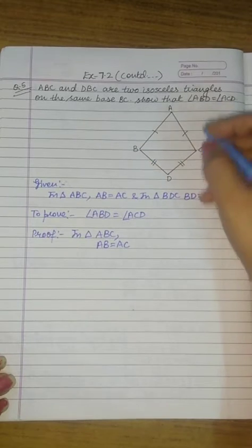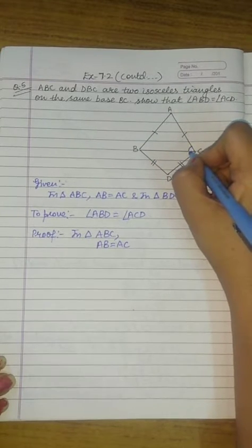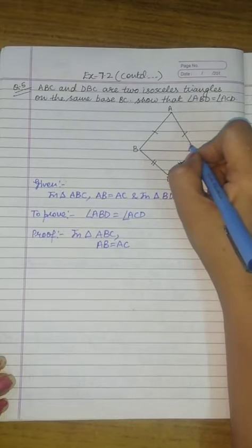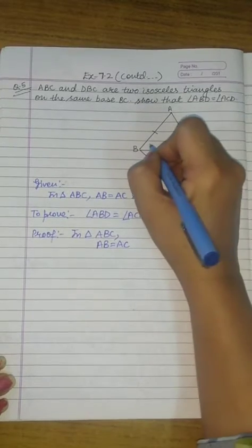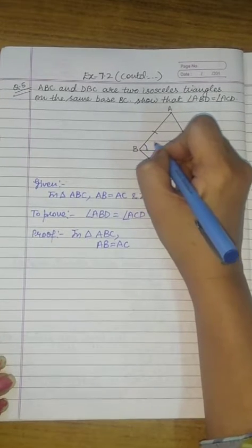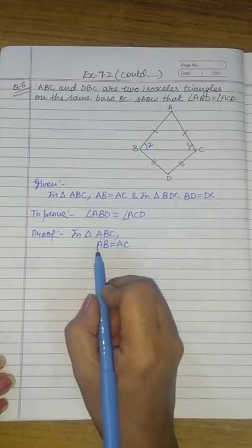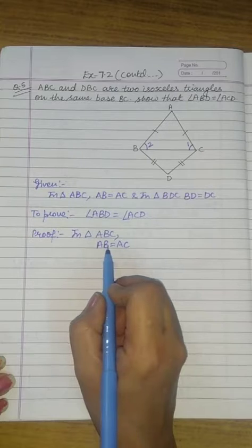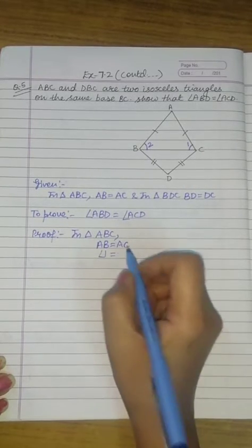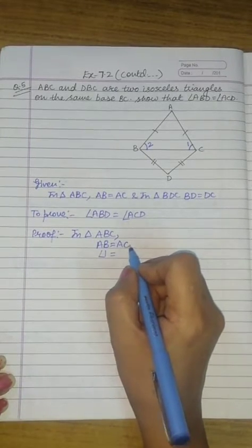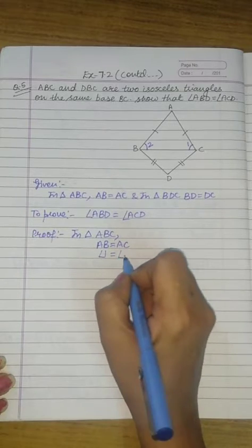Opposite to side AB, the angle is at point C. So let this angle be 1 and the angle at point B is angle 2. So we will write angle opposite to side AB is angle 1 and angle opposite to side AC is angle 2.